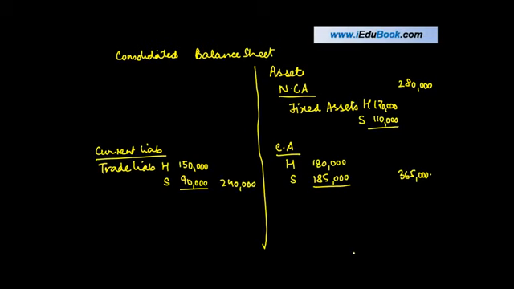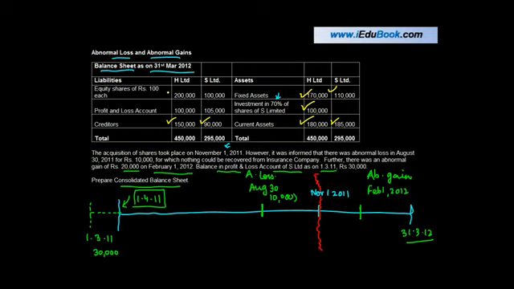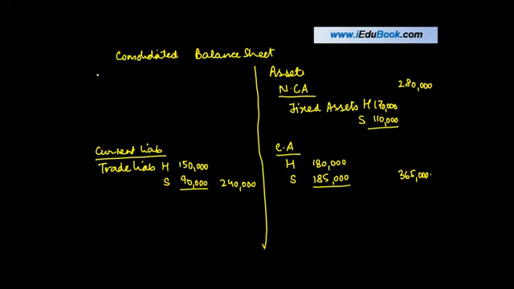Total is 2,40,000. Right? We have equity share capital for H Limited, 2 lakh. So you have equity and liabilities. Right? Under equity and liabilities, you have shareholders' funds, in which you have equity share capital.